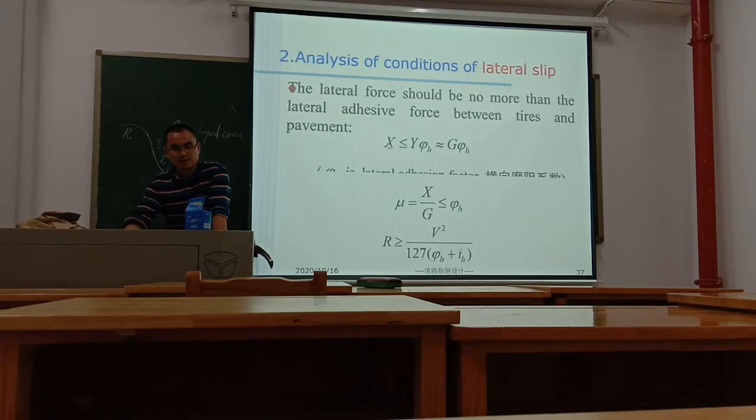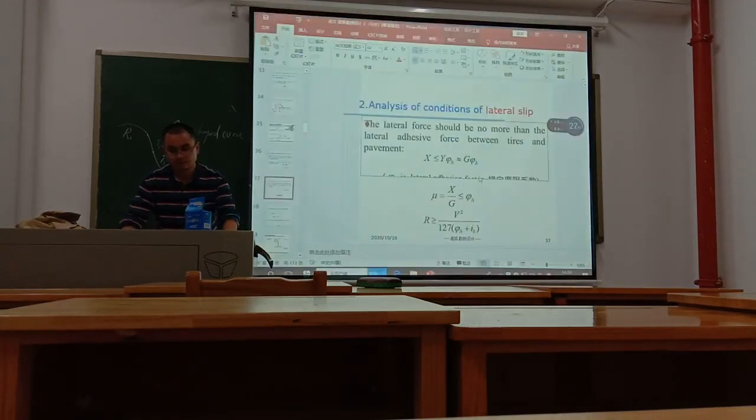So, X is side force, Y is vertical force, and cos h is the lateral adhesion factor between wheel and pavement.